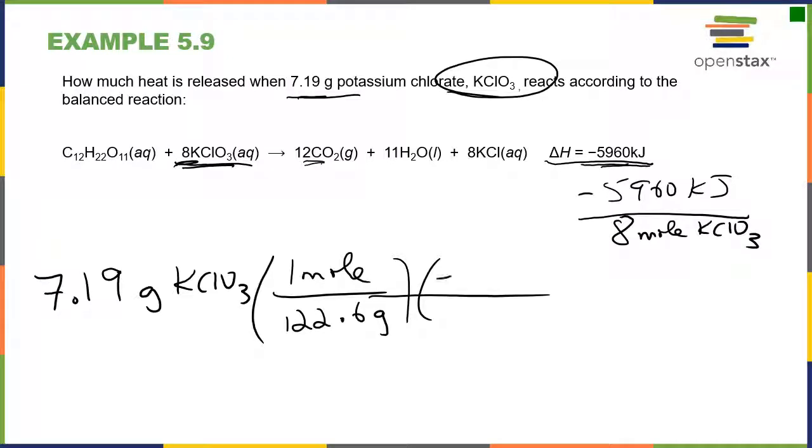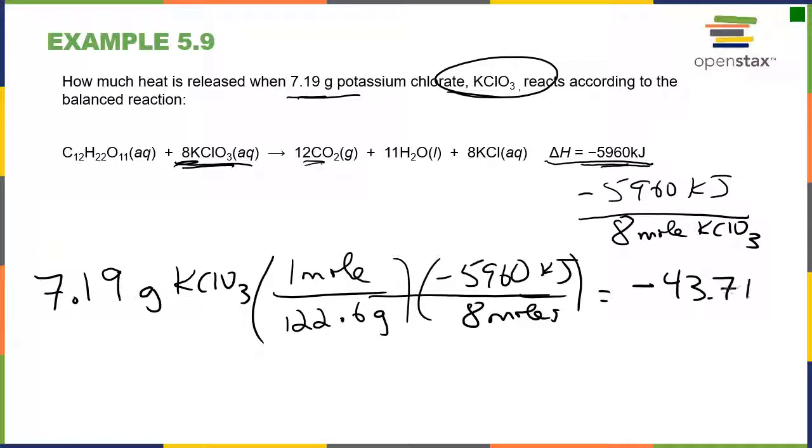We know that there are minus 5,960 kilojoules for every 8 moles. And when we do our math here, we're going to get minus 43.7 kilojoules. The amount of heat that is produced is going to depend on the amount of starting material, where the amount of heat given is for the reaction as written. So make sure you pay attention to your stoichiometric coefficients.